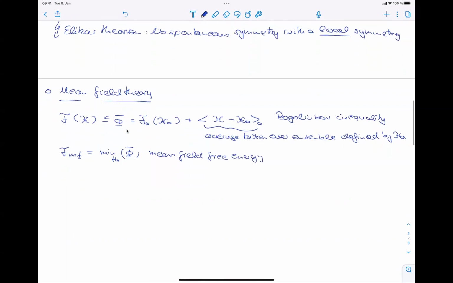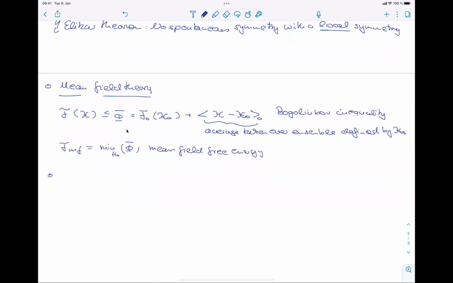And then we applied this concept to the Ising model.